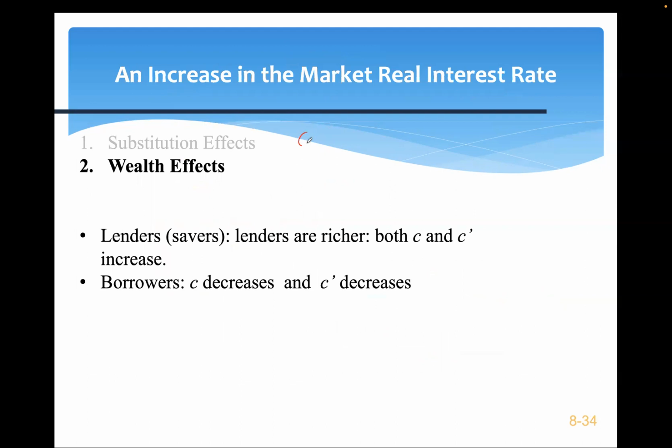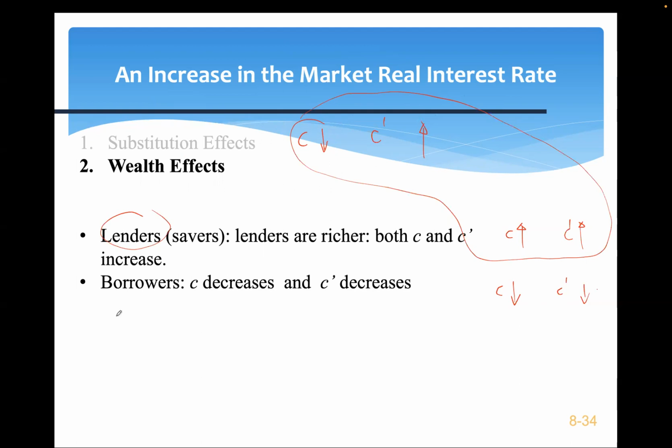Substitution effect: C is going to decrease, C prime is going to increase. Right here, so this is C increase and C prime increase, and C decrease and C prime decrease. Hence, the net effect really depends on who you are. If you're a lender, we are going to combine these two.